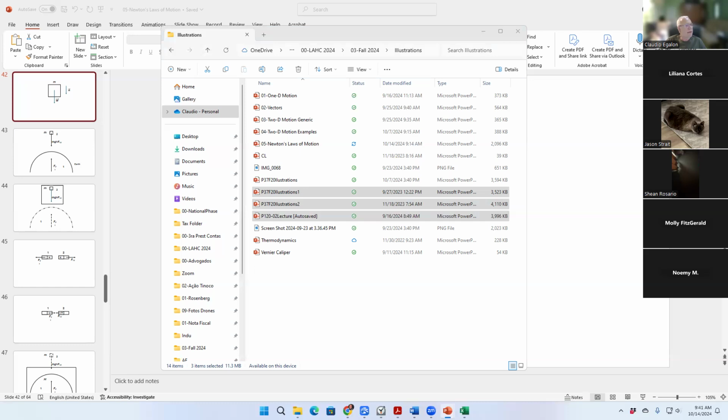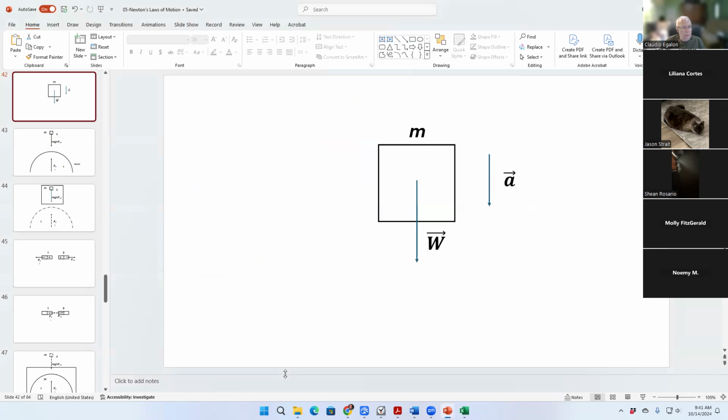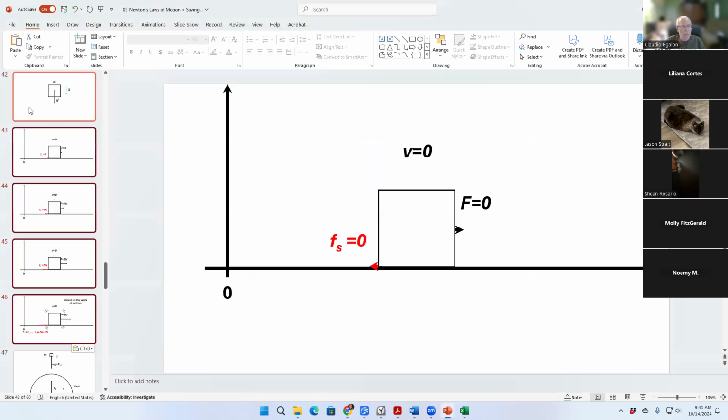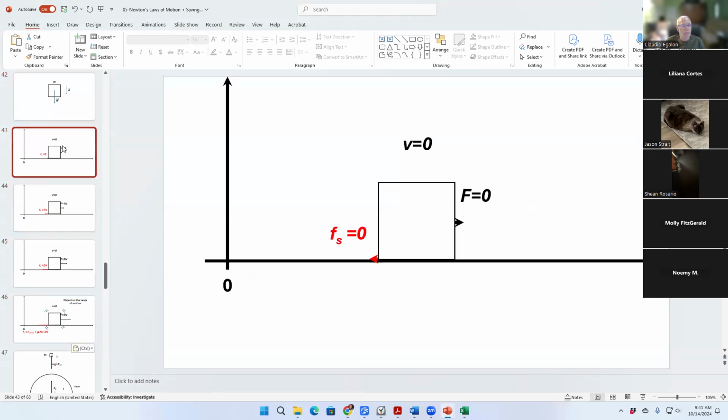Let's start with the force of static friction. I need you to understand how this force of friction behaves, okay? So here we go. Behavior of the force of friction.